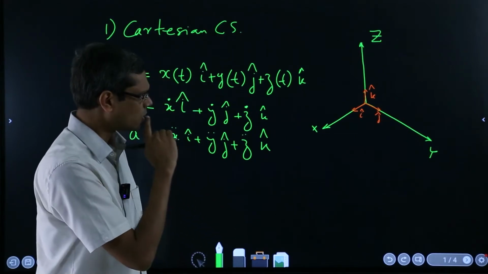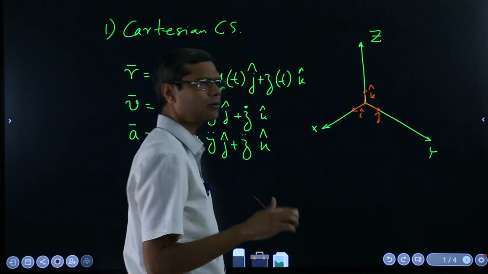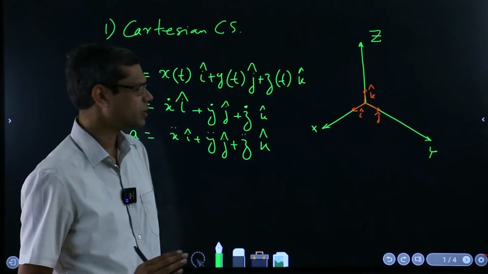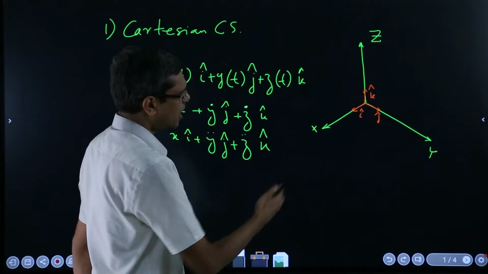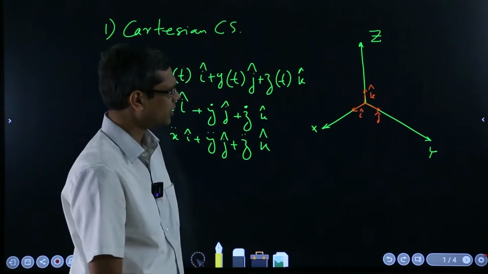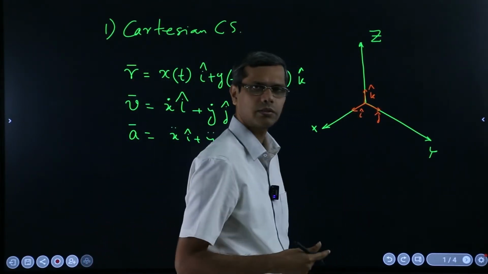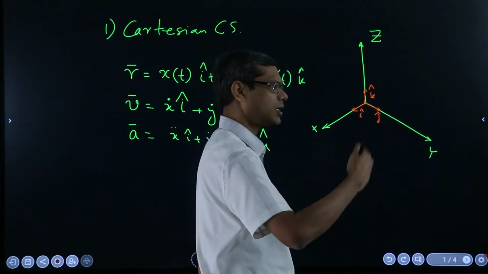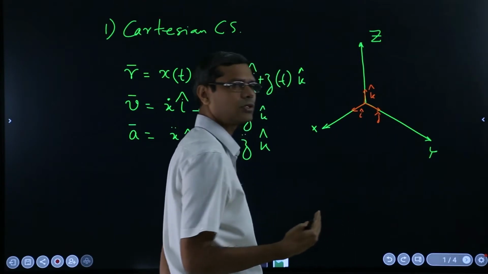But then one concept which I want to make here is that of level surfaces. That means, what are the level surfaces in the Cartesian coordinate system? What they mean is, if I keep x fixed, the x coordinate fixed, and I change only y and z, then what surface do I get?